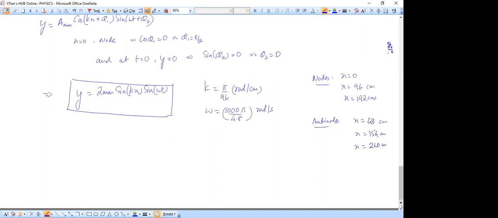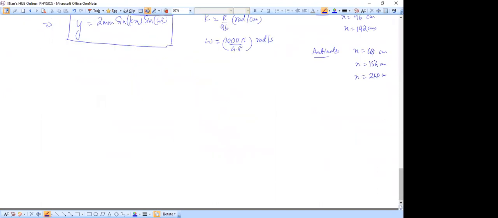So basically, the string is vibrating such that at t equal to 0, it's at a position like this. Now at quarter of a time period later, it should be at a position like this.